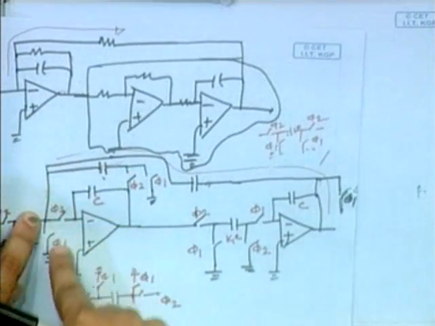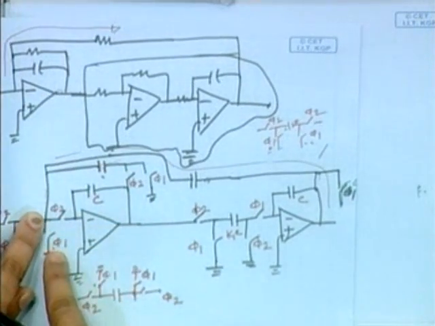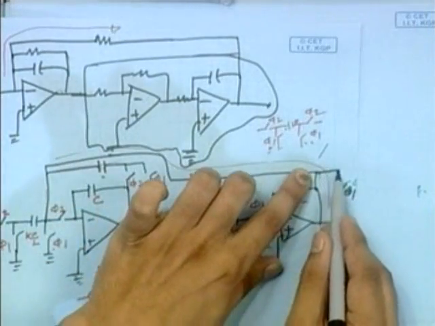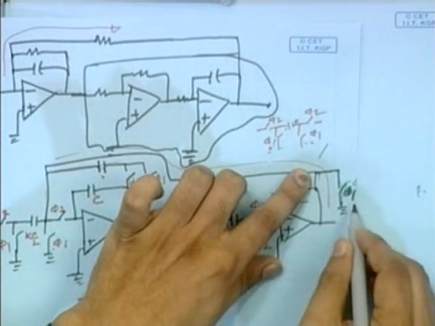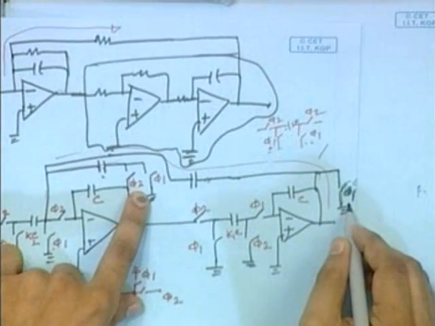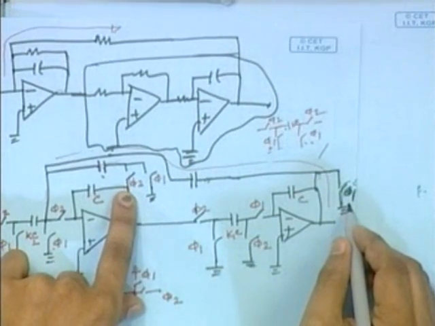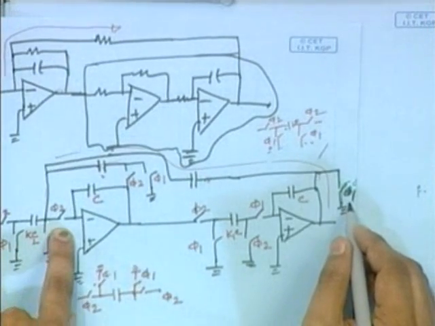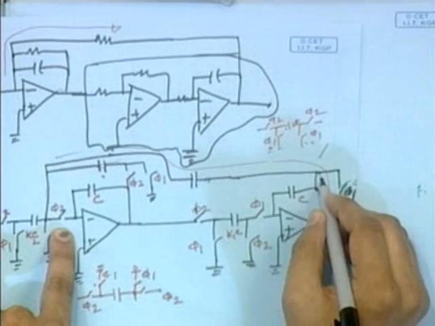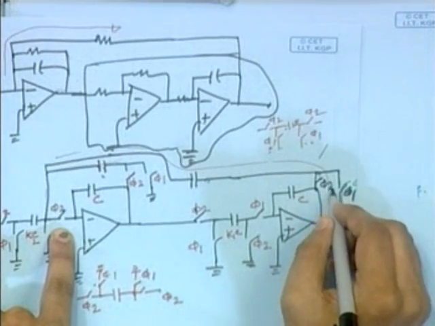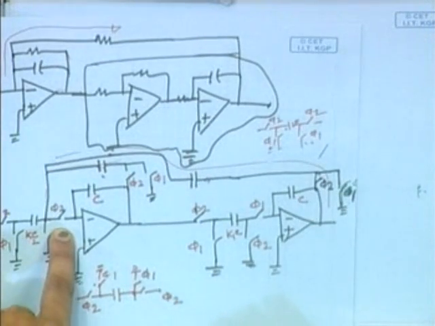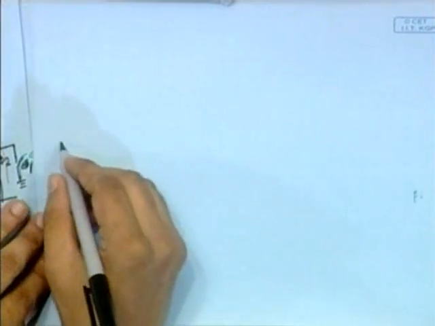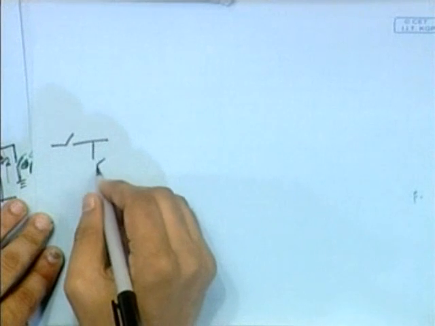So if phi 1 is parallel to this capacitor, so from this capacitor we are applying phi 1 here. Similar thing. What I am doing here? Similar thing. And phi 2 is here. So we are adding phi 2 here. Clear? Now let's take a fresh design of this circuit.